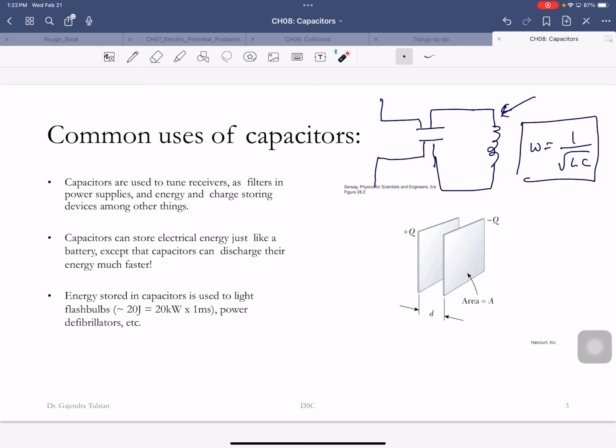What that number means is the following. 20 kilowatts is 200 times 100 watts, times 1 millisecond. Let me show you the calculation. 100 watts, watts is joules per second, and 1 millisecond is 10 to the minus 3 seconds. The seconds will cancel, and so this is 20 joules.